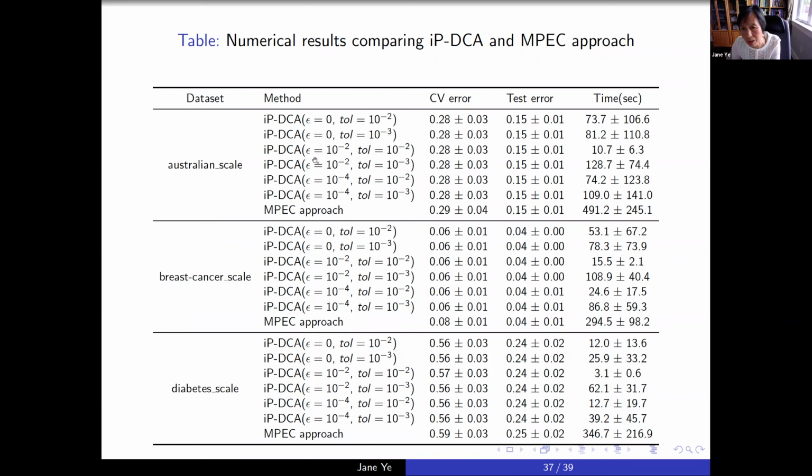But somehow, even when epsilon equals 0 and we don't have the extended Mangasarian-Fromovitz constraint qualification, the calculation is still quite good. So we don't know. Okay, thank you.